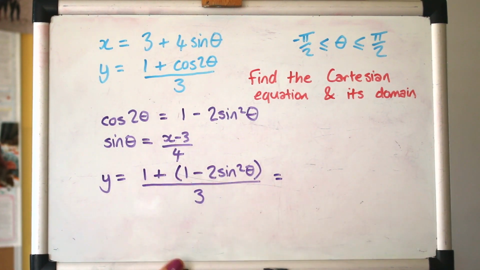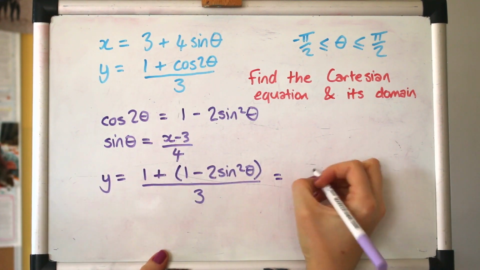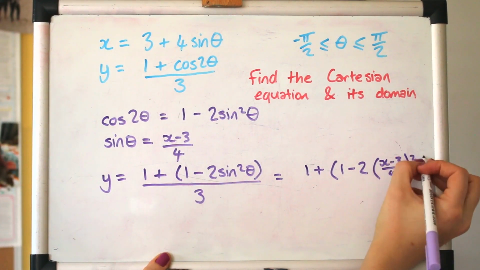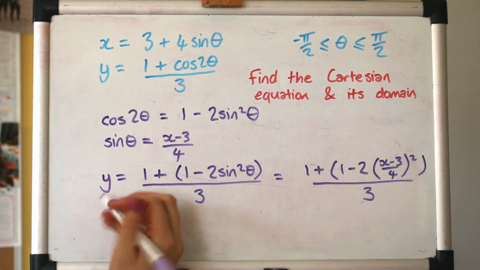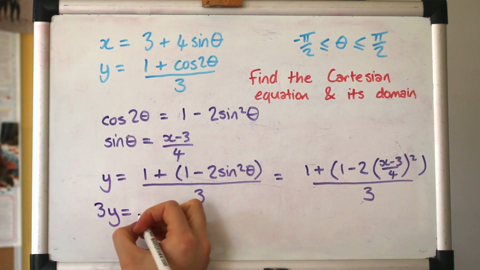And then we can replace the sine with x minus 3 over 4. Okay, this just needs tidying up then. That's a bit messy, but it shouldn't be too hard to tidy this up. We can bring the 3 up to be with the y, and we can expand these brackets out.